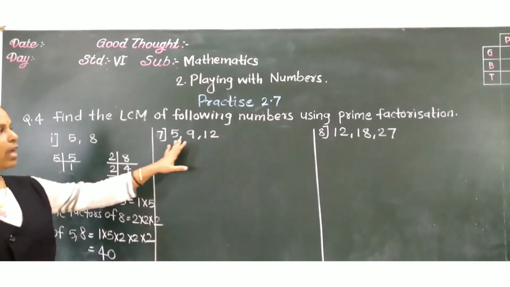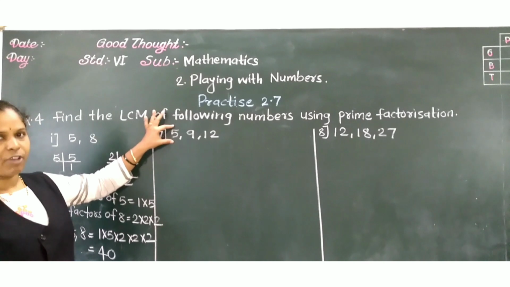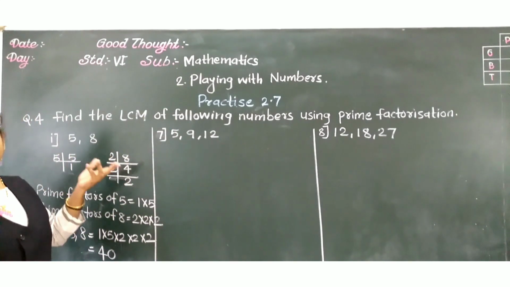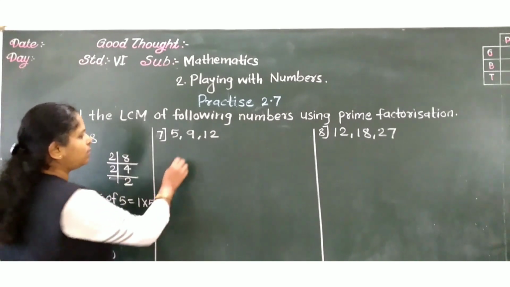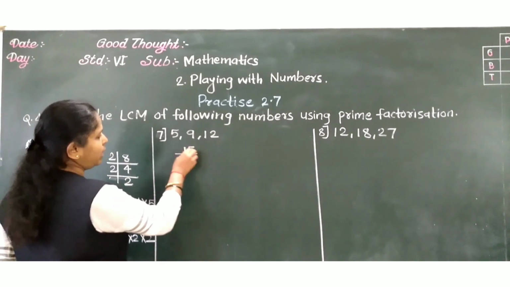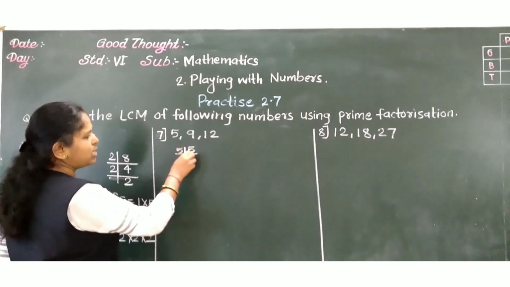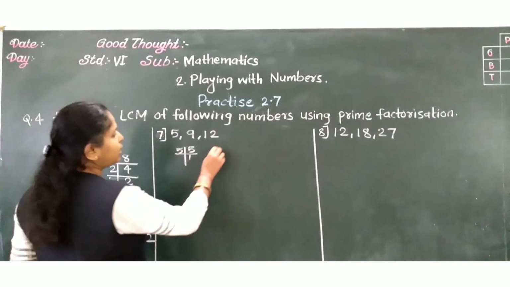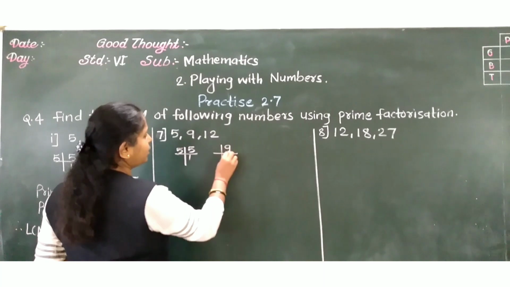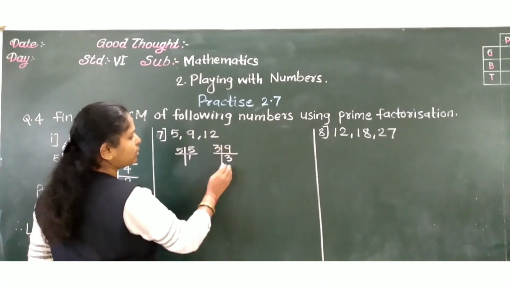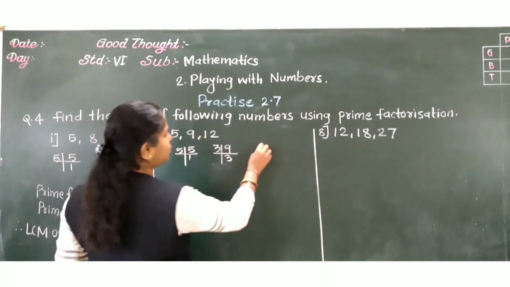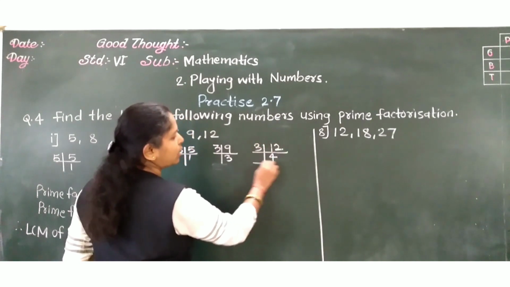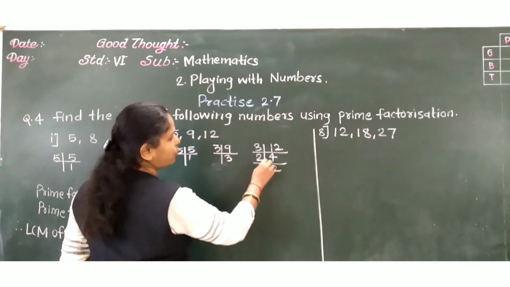Now next is 5, 9, 12. Actually students see, 5 is a prime number. Here I have shown division but no need because 5 is a prime number itself. So 5 ones are 5 like that, or you keep only 5. No problem. Then 9. 3 threes are 9. Then 12. 3 fours are 12, 2 twos are 4.